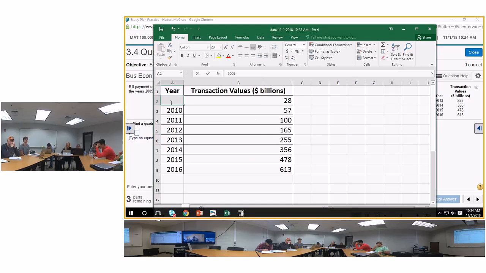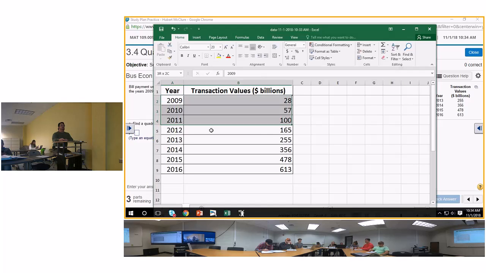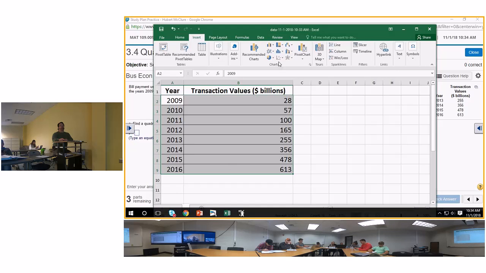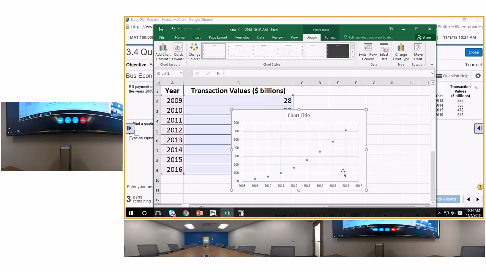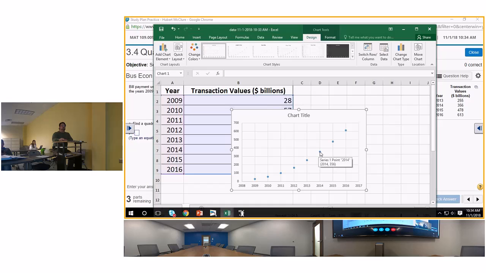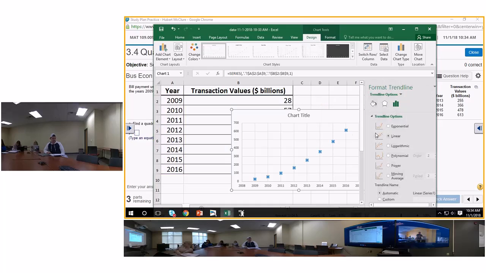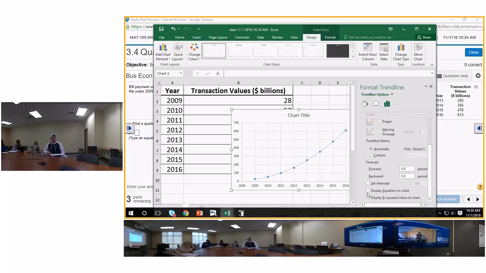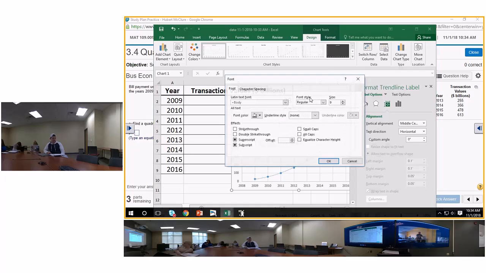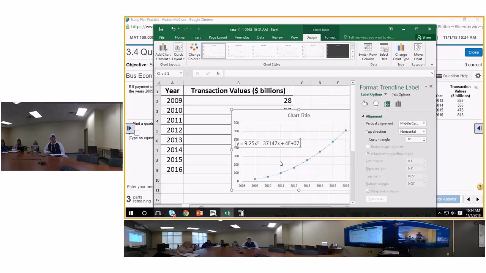Okay, and I'm just going to go ahead and give you the graph so you can check yours. And that does look like a quadratic. That's what I got.